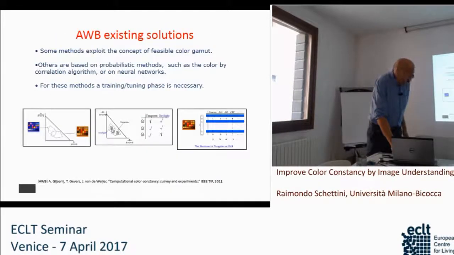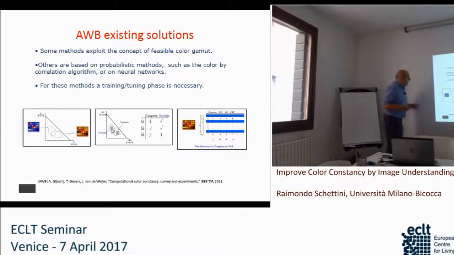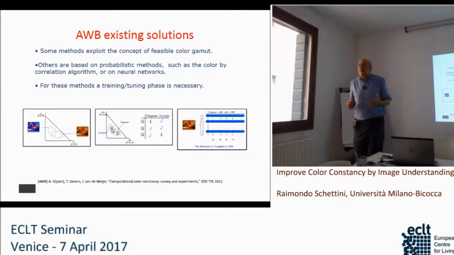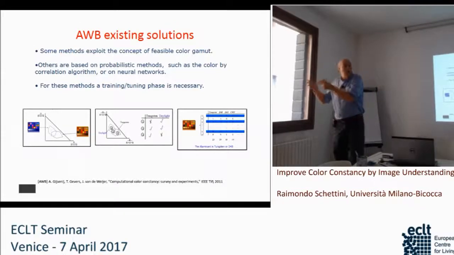So another class of algorithms says, okay, in a proper chromaticity diagram, we can realize that some colors can exist only under particular illumination. A super saturated red can only exist under a reddish illumination, right?